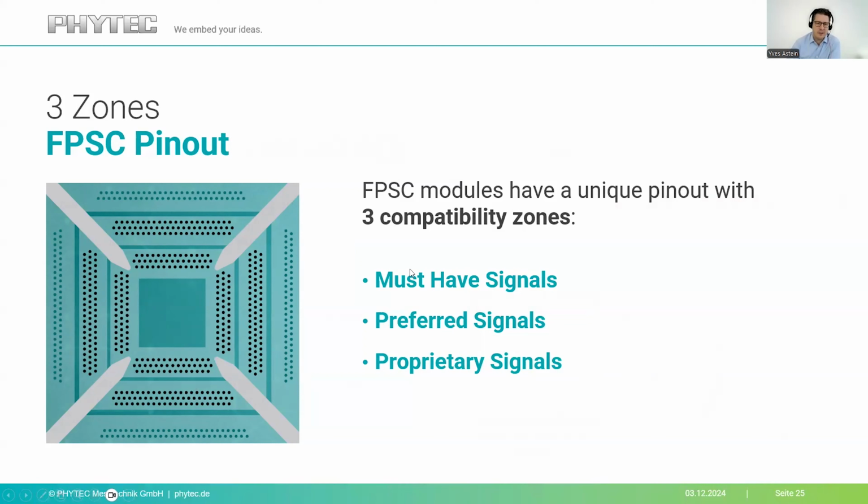The inside ring is the must-have signal ring, where we gather all the signals that are 100% required. And then comes the preferred ring, that's the outer ring. And then we have a proprietary ring, which is signals which are not required if you don't want to stick with the standard. And we call this a feature set where all these signals are predefined.